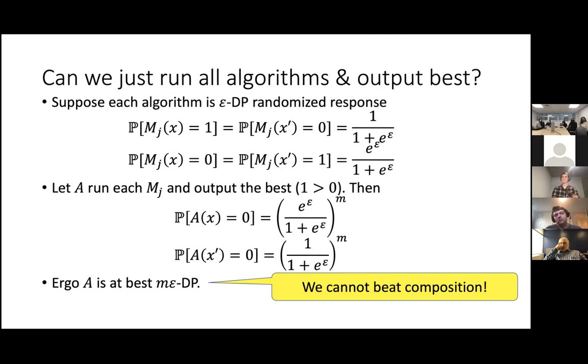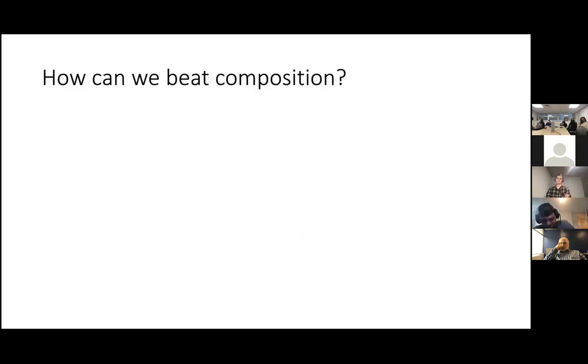Okay, so let's start talking about the positive results. I've given you this simple example. You may be wondering, how can we possibly end up beating composition in this setting? Now, the good news is that this negative example I showed you is pretty brittle, and there's an easy way to get around this.